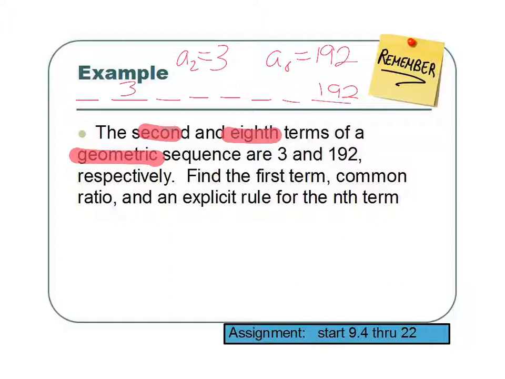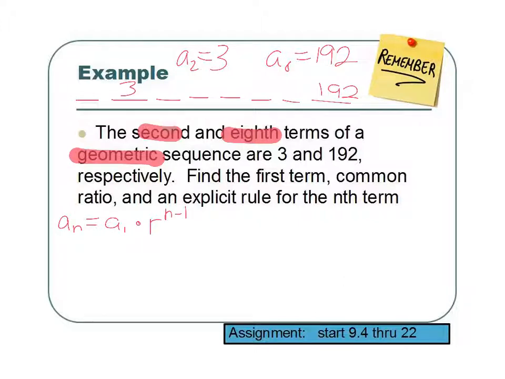So let's talk about what's going on algebraically here. If I were to look at an explicit rule, it would look like this. A sub n equals the first term. Oops, don't know the first term. But since it's geometric, I know I'm going to be multiplying by some common ratio, which I do not know yet, to the n minus 1 term.